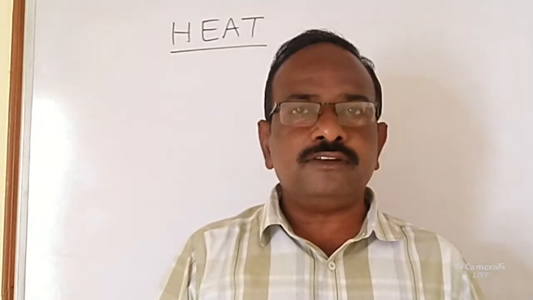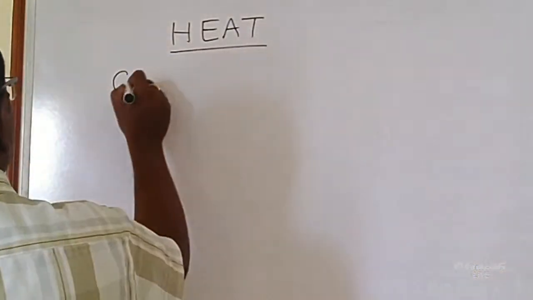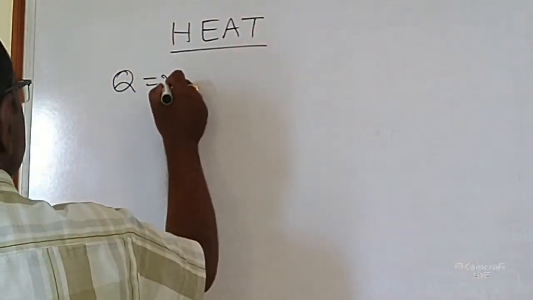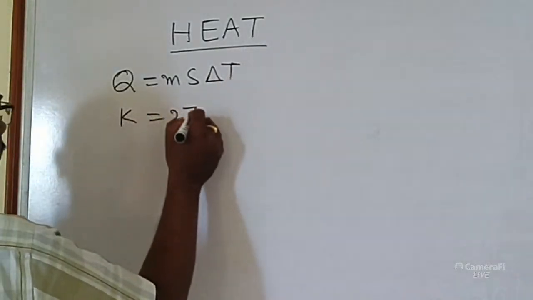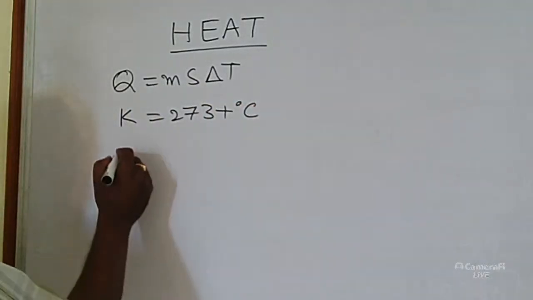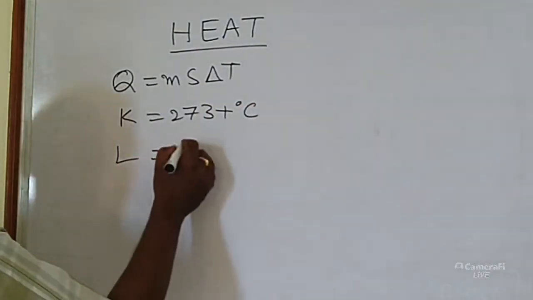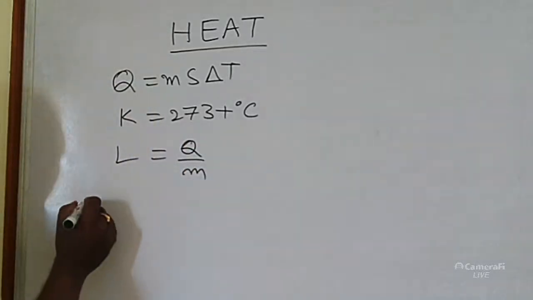So here, how many formulas will come in this topic, Nana? Q equal to m s delta T will come. K equal to 273 plus degree Celsius will come. Next, L equal to Q by m will come.